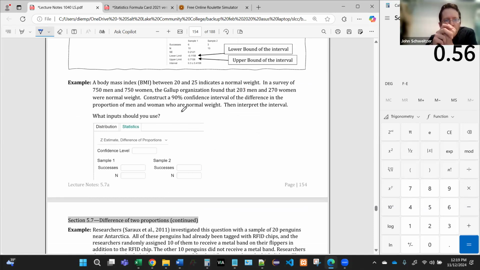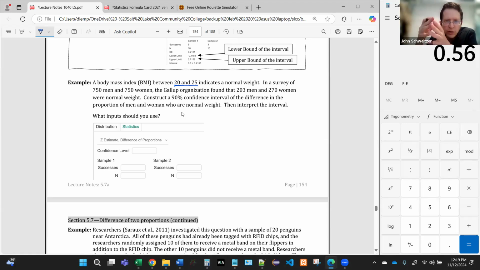On this one, we're looking at BMI, body mass index, and according to this, a BMI between 20 and 25 indicates a normal weight. That would be categorical, right? Using this definition, somebody is either of normal weight or they're not. So that's a categorical variable, and there is some proportion of people of normal weight.